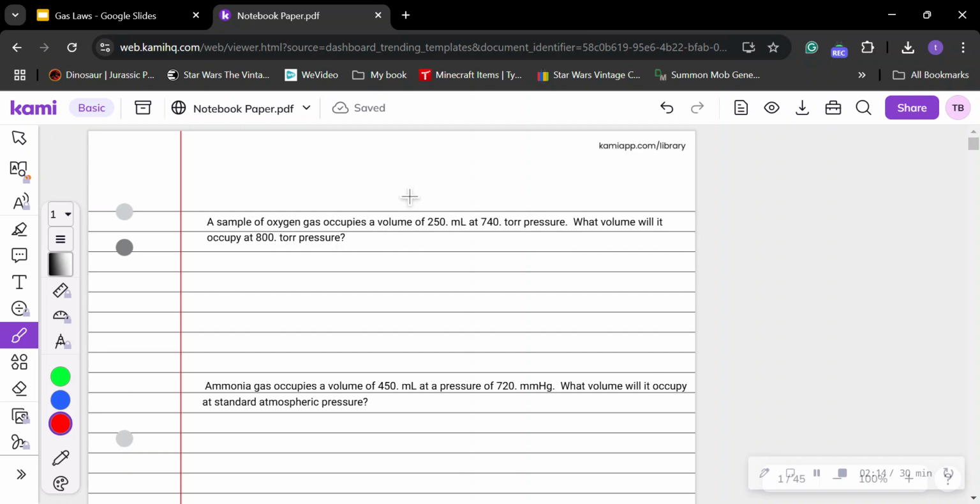So that's how you know it's Boyle's law. And so first we want to write down our formula. It's P1 times V1 equals P2 times V2.